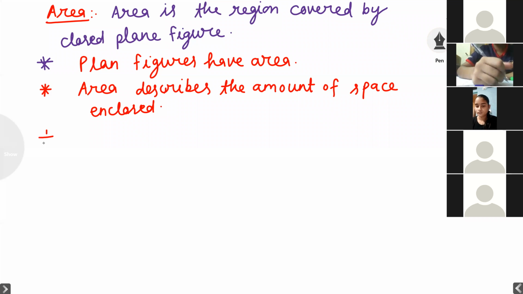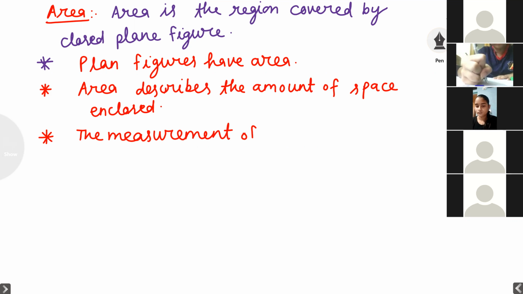Third star point, a very important point: the measurement of area is done in square units.